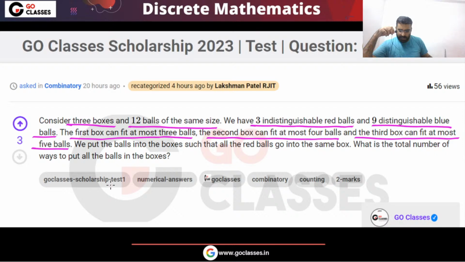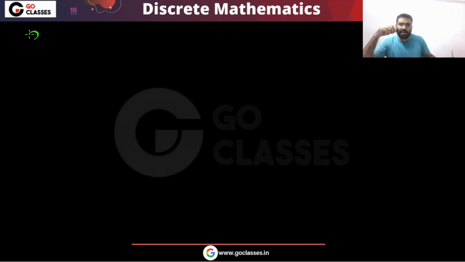Tell me, in this question, are the boxes different or not? Information is given: there are 3 identical red balls, so 3 same red balls.